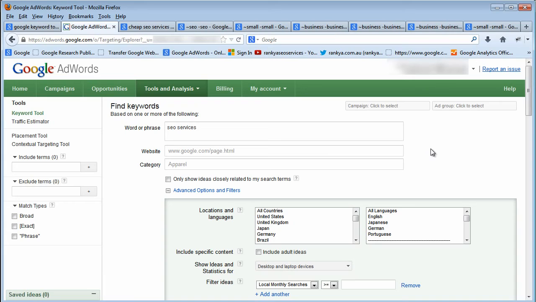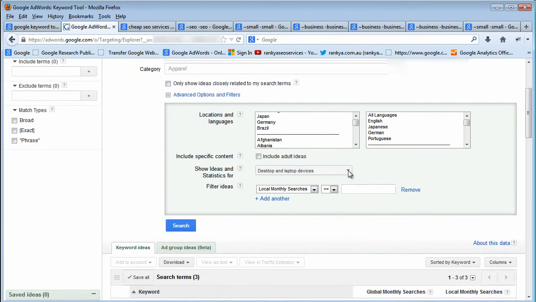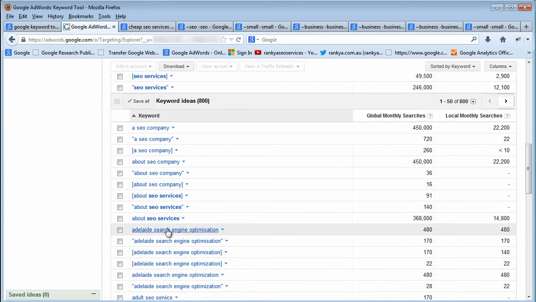Okay, so this is how you use the Google AdWords tool. You start by typing in your industry-specific keywords, understanding the options that it gives you, and also experimenting with it, not just going, okay, give me that, oh yeah, that seems nice, let me just go for that, right?